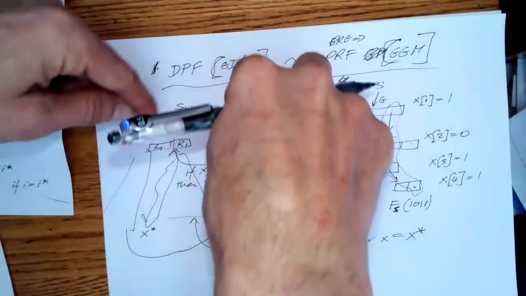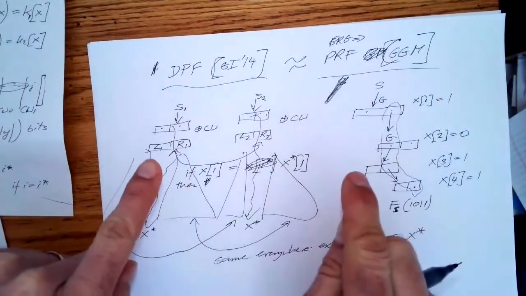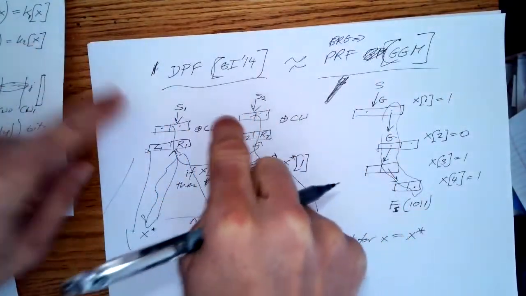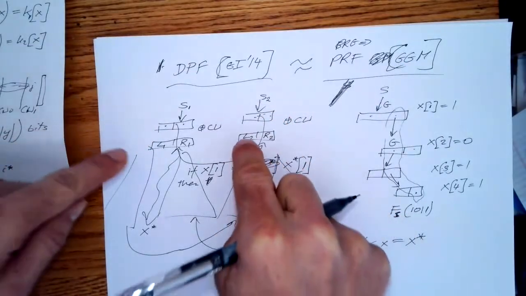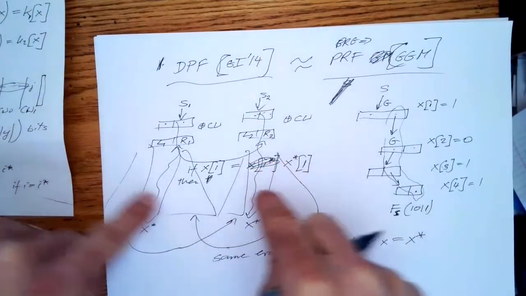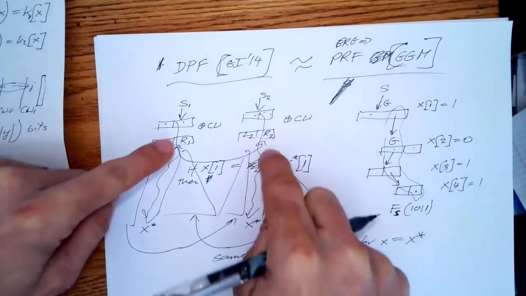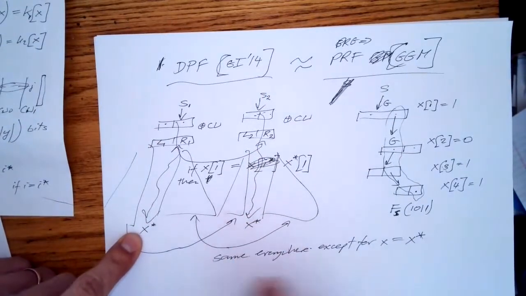So you evaluate a PRG like in the basic solution, but you have these correction vectors which make the first and the second party end up with exactly the same seeds everywhere, even though they start from different seeds, except along this one path where it gets to X star.